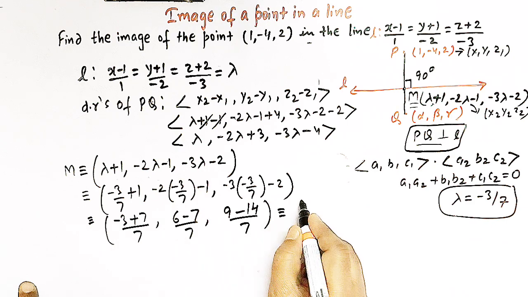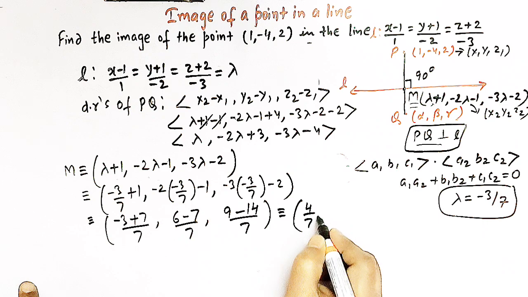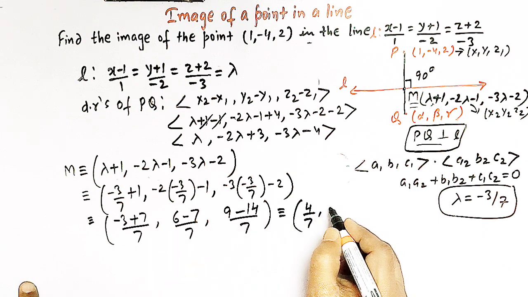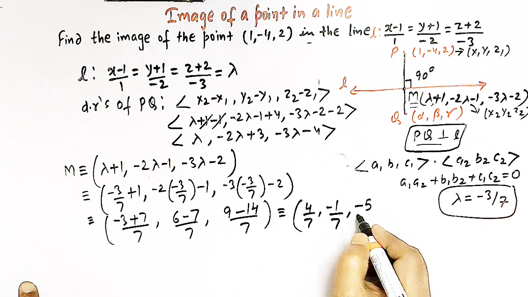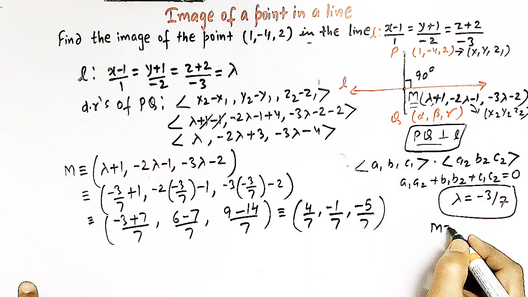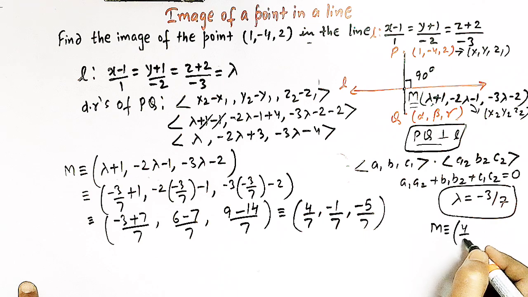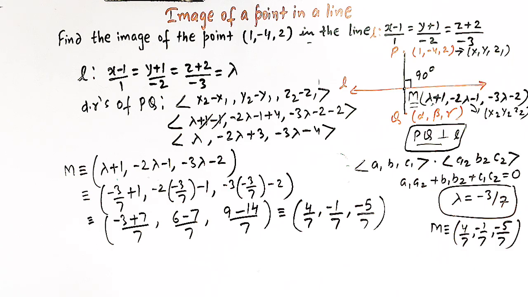So now we have 7 minus 3 is 4. So 4 over 7, this is minus 1 over 7, and this is minus 5 over 7. So the coordinates of the point M are given by 4 over 7, minus 1 over 7 and minus 5 over 7.